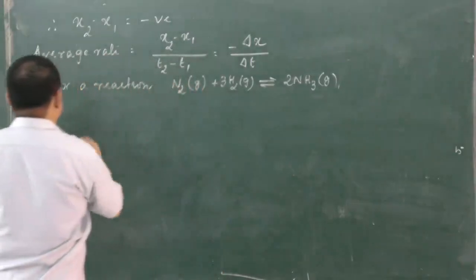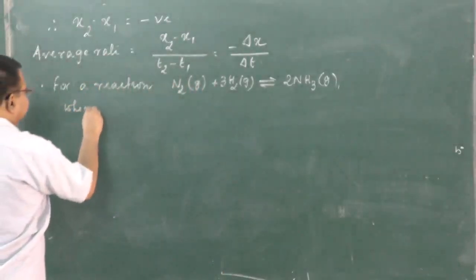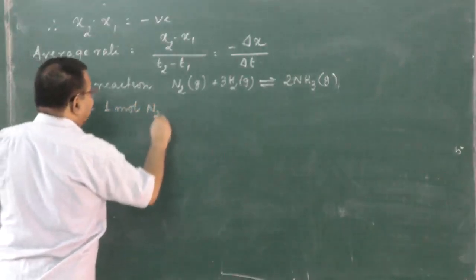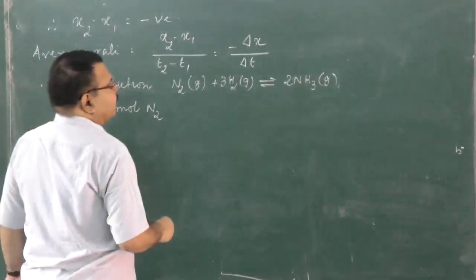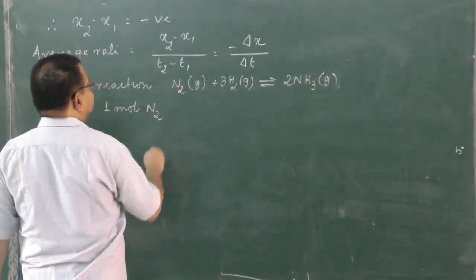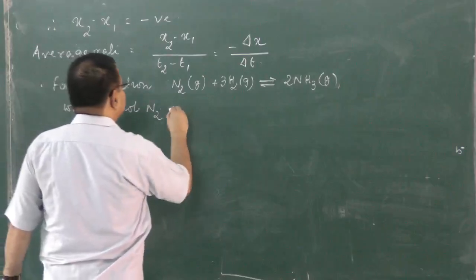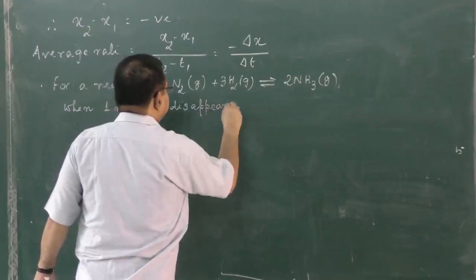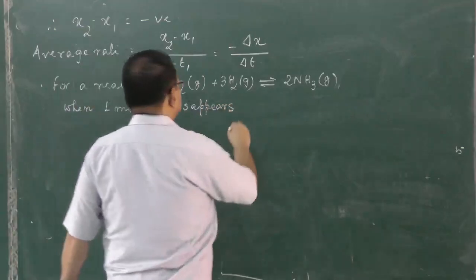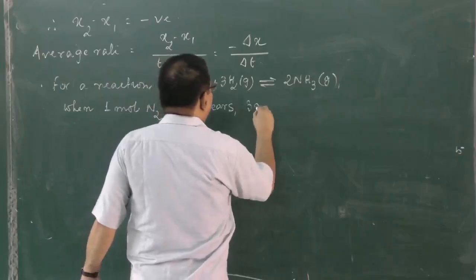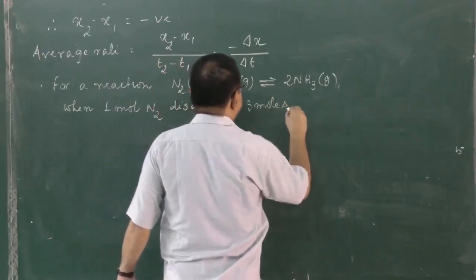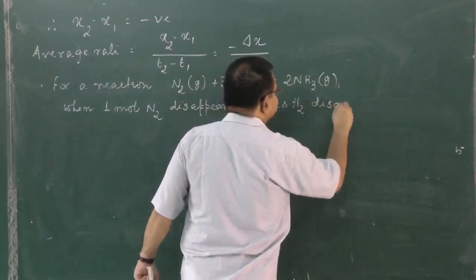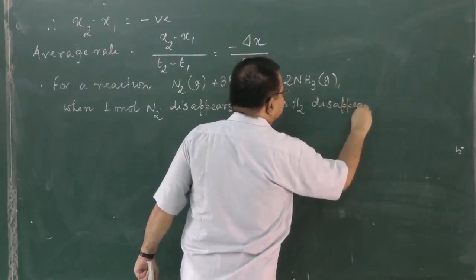Now, these are the reactants, so they disappear, and this is the product, so it appears. When 1 mole of nitrogen disappears, 3 moles of hydrogen disappear.